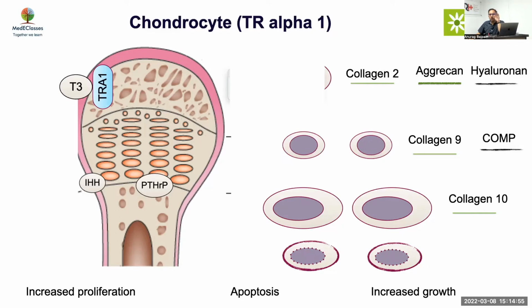Your chondrocytes will be sleeping, but if you sleep for a long time, what will happen? Then also they will die. So it's pretty much similar. If you do too much, there will be a negative impact; if you do too little, also there will be a negative impact. So if you have very severe long-standing hypothyroidism, you will have the death of those particular growth plate cells, and this will cause stippled epiphysis, as we were discussing.